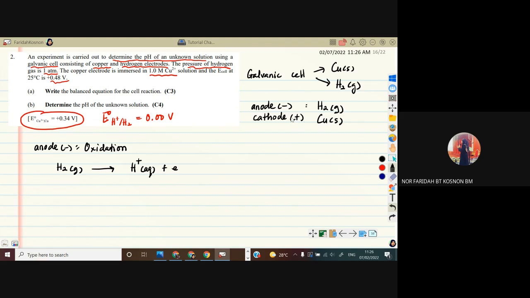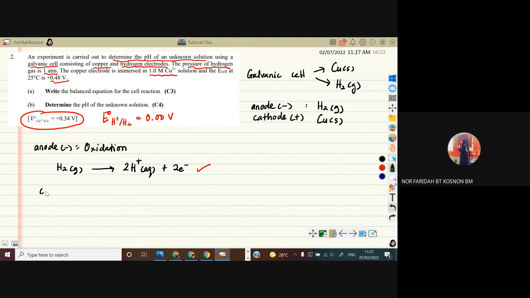Kalau kita ingat balik, hydrogen electrode ni ada platinum and then dia alirkan gas hydrogen itu ke dalam satu electrolyte yang ada acid. Acid tu ada H+, so dia produce lagi H+ kat sini. Balance kan elektron, dekat sini adalah 2 mole of electron. Mesti ini. Selain daripada ini salah.